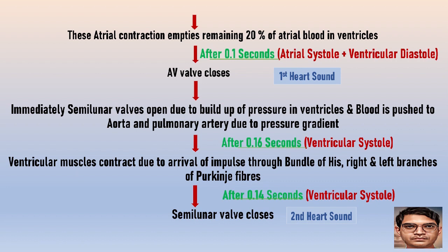And the cause for closing of semilunar valves is again the pushing of blood in the aorta and pulmonary artery against the semilunar valves. Closing of semilunar valves creates the second heart sound, which is heard with the stethoscope as the word dup. Now we'll see the video showing these events in step-by-step manner.